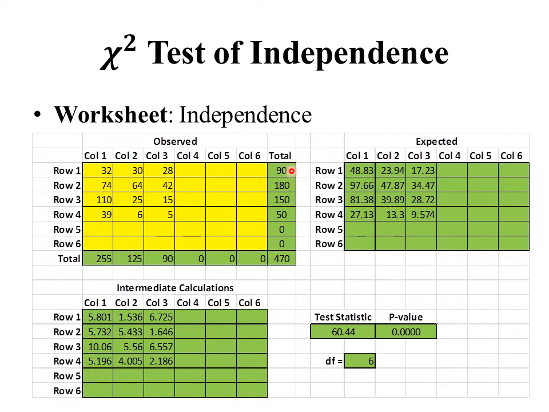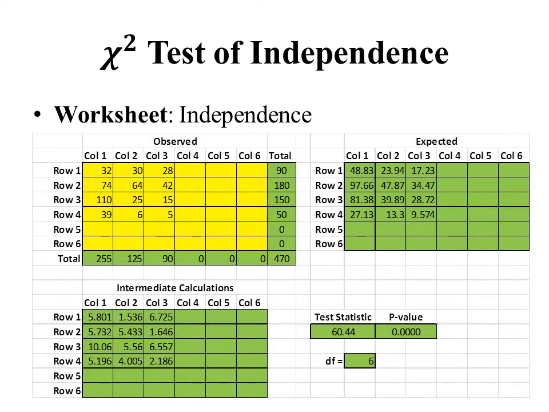All these totals are automatically calculated, and then Excel calculates the expected values. These expected values are somewhat similar to the expected values in the chi-squared goodness of fit test. These are the frequencies that we would expect if the rows and columns were independent.